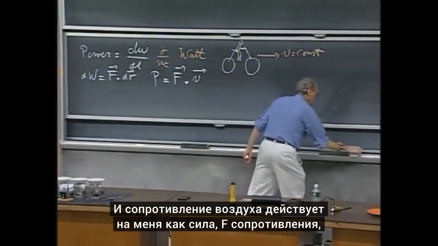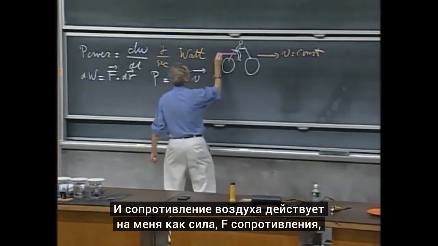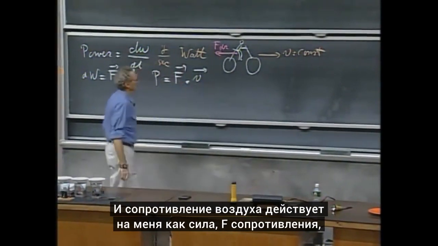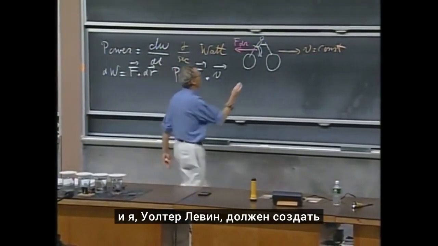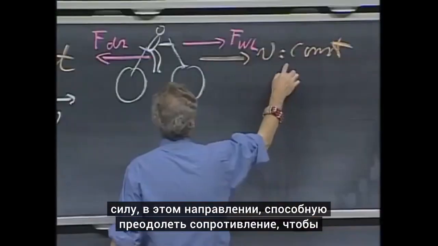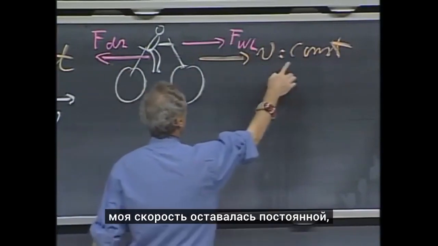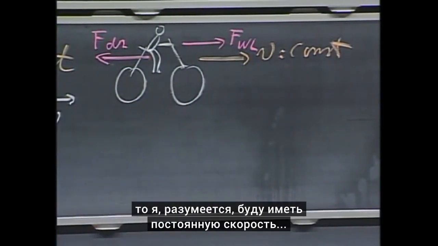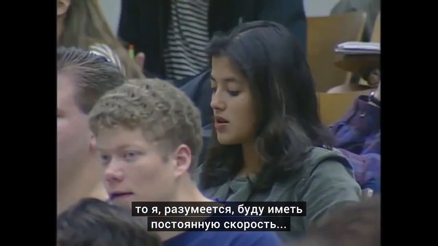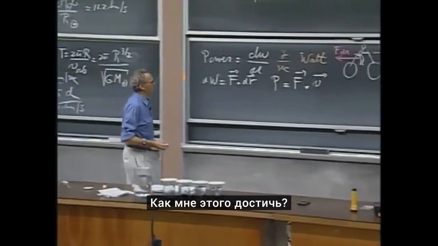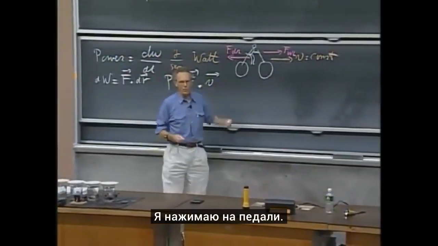And the air drag acts like a force on me, F drag. And so somehow I, Walter Lewin, will have to come up with a force in this direction to overcome this drag so that the speed can be constant. Because if the net force is 0 on me, then of course I will have a constant velocity. No acceleration, no change in the velocity. How do I do that? Well, I push on the pedals.